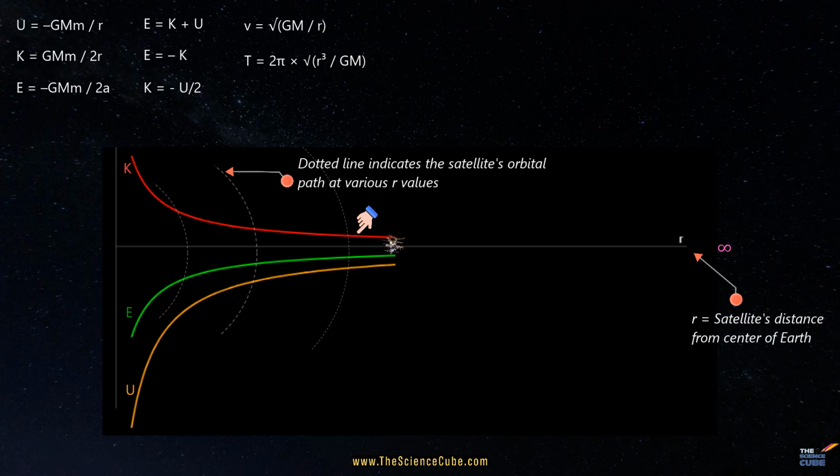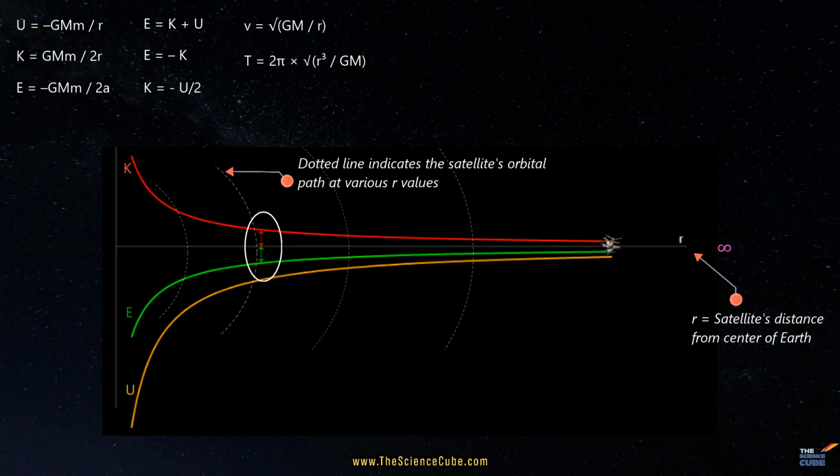Also, you can see here that for any value of R, U and E are negative, but the value of K is positive. Also, E equals minus K. And as R tends to infinity, all 3 curves tend towards 0.